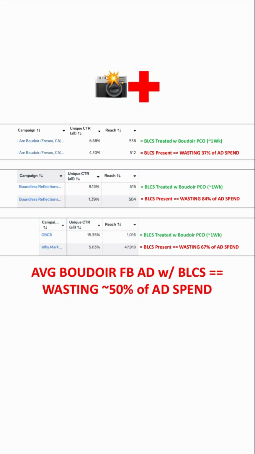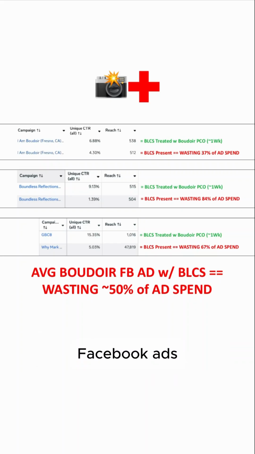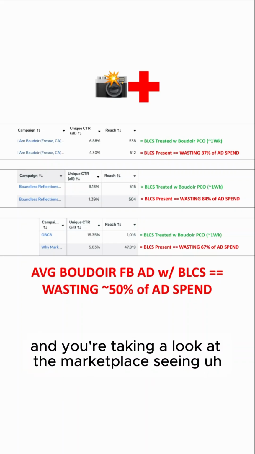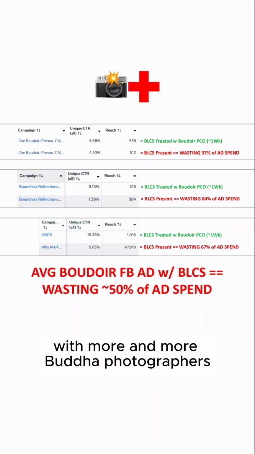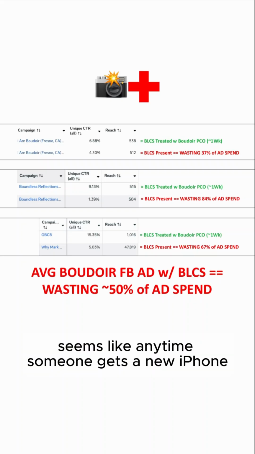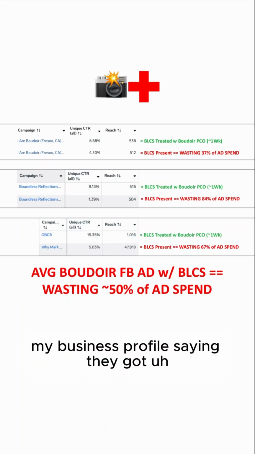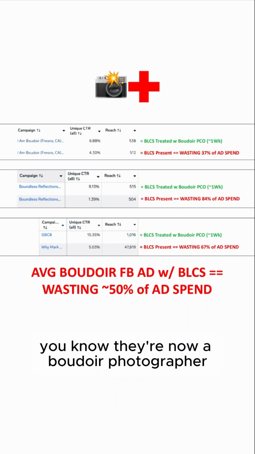And you're spending more than 10 grand a month on Boudoir Facebook ads. And you're taking a look at the marketplace, seeing it's become more and more saturated with more and more boudoir photographers day after day. Seems like anytime someone gets a new iPhone, they throw up their Google My Business profile saying they're now a boudoir photographer.